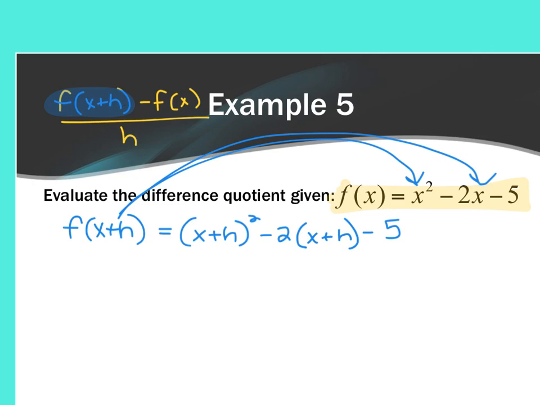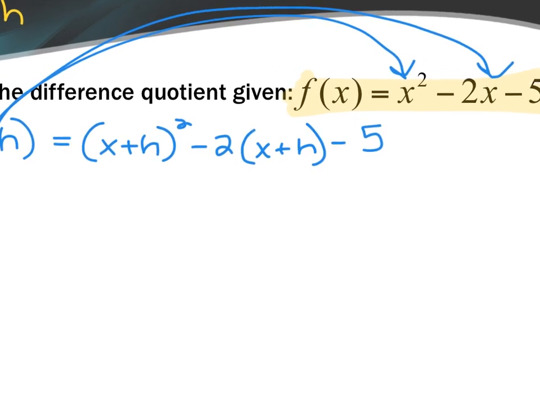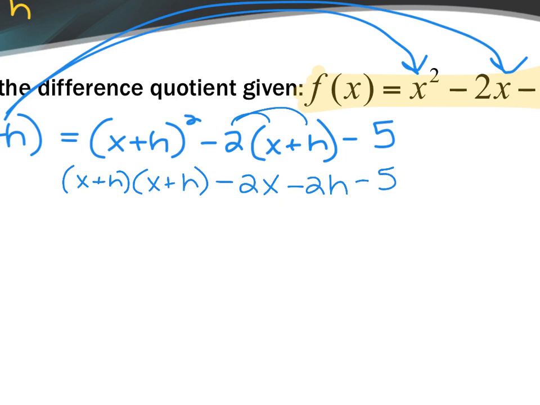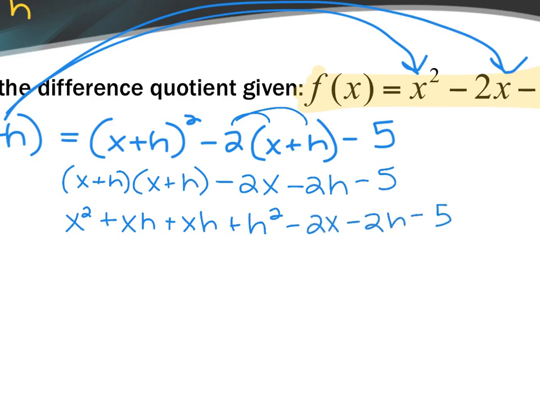Then I'm going to expand and FOIL that out. This is x plus h times x plus h. I'm going to distribute the negative 2, so minus 2x minus 2h minus 5. FOIL that out: x squared plus xh plus xh plus h squared minus 2x minus 2h minus 5.